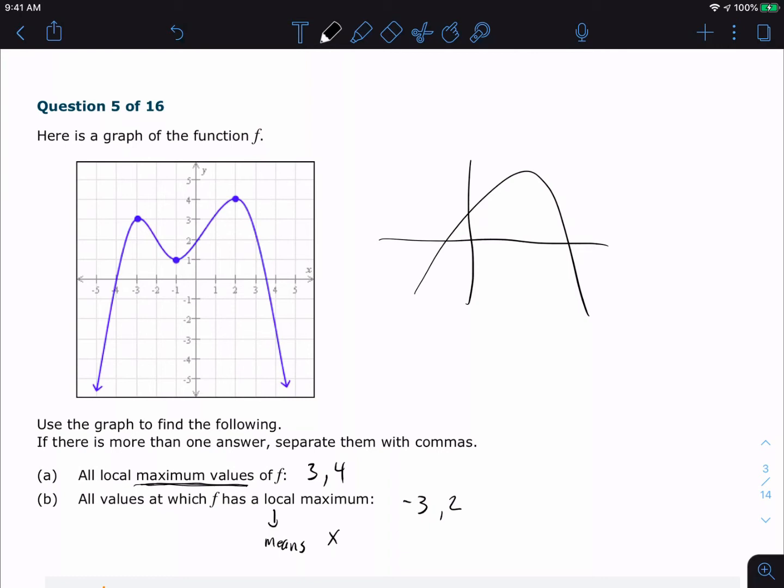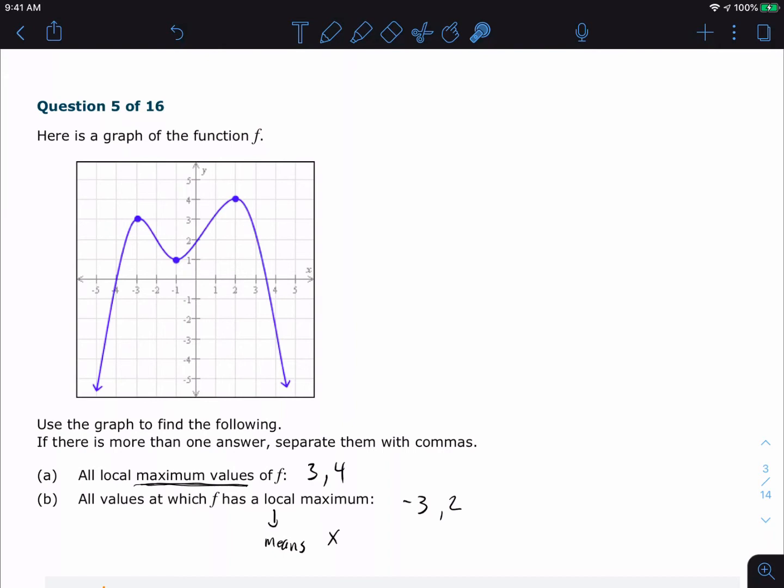That would be 1. It's only 1, yeah. So it's just how many tops and how many bottoms you have. Okay. So once you see the picture, you can see. So if this one, we have a max, and this is a local minimum, right? Local max, local minimum. Okay, that makes sense.